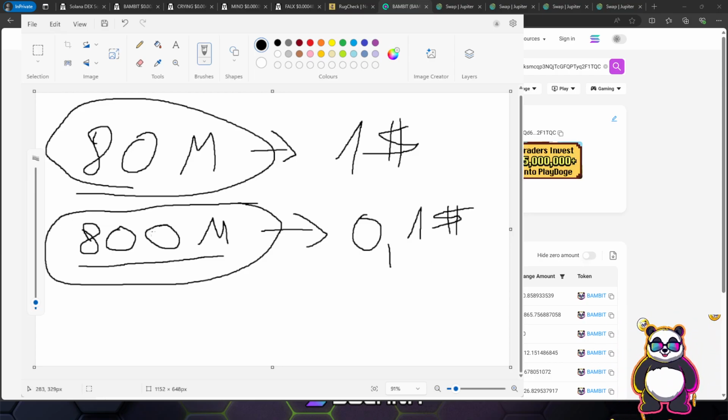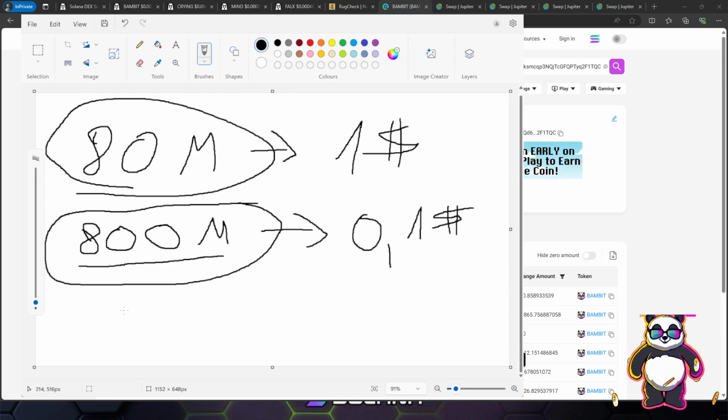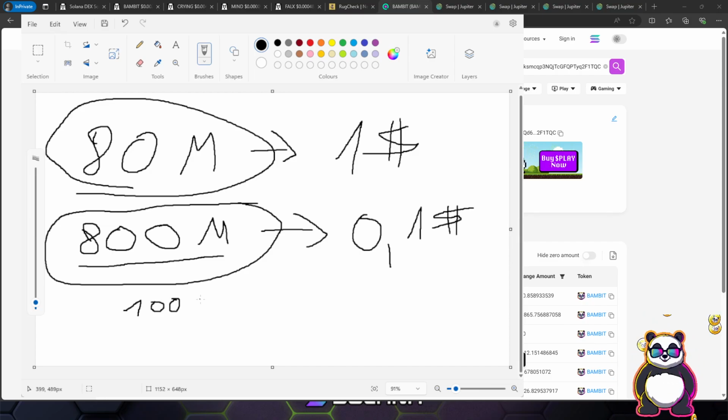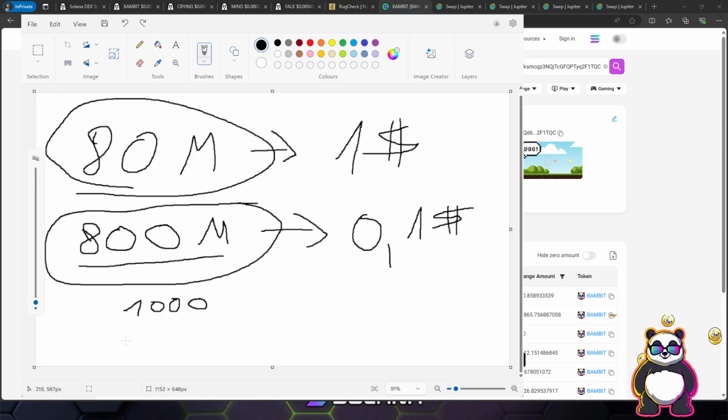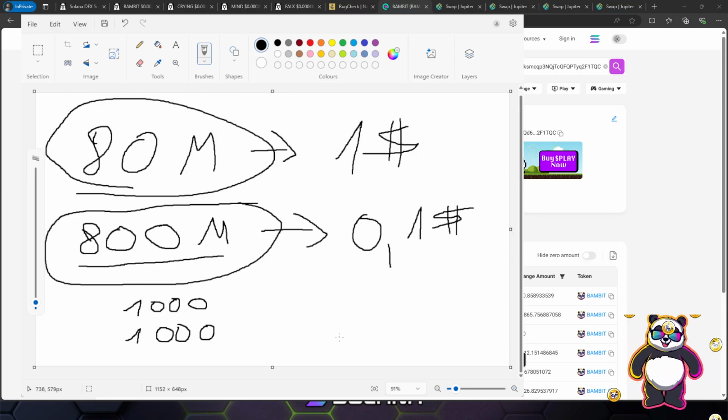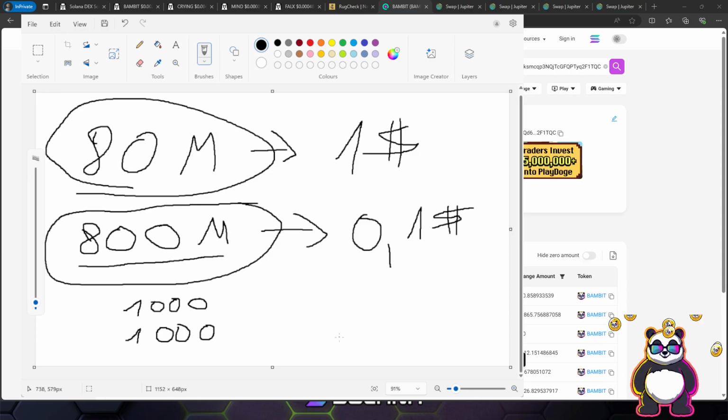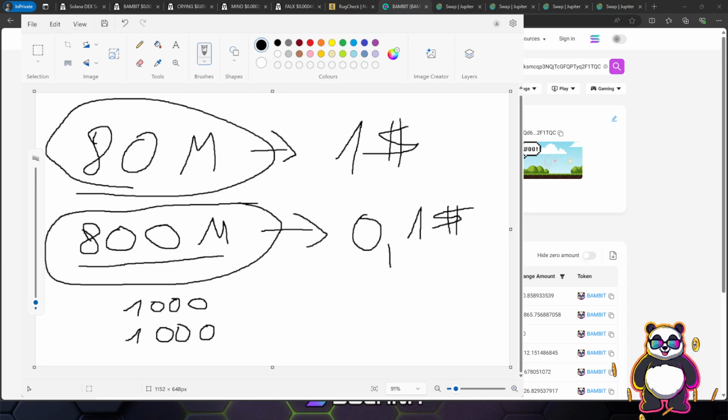But at the same time, because there's more supply, let's say in Bambit you're holding 1,000 coins, which is equal to $1,000 at 80 million market cap. But for the other coin, for the same amount of money, you're going to buy 10,000 coins. So 10,000 coins times 0.1 is still $1,000. So it makes no difference. I hope people understand that.